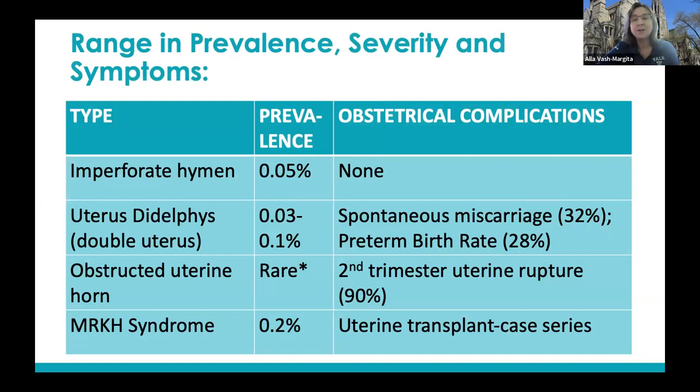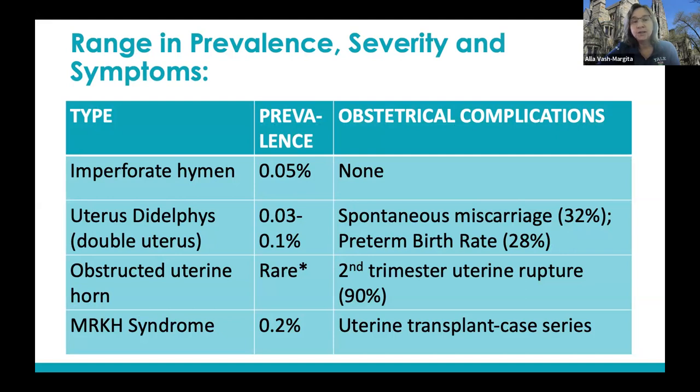So why does it matter and why do we care? And like I said, the phenotype of these anomalies can vary from really not severe, such as arcuate uterus that has no implications in future life and obstetrical history and pregnancies, or imperforate hymen, which has low prevalence, but if it's diagnosed on time and surgically corrected, it really doesn't have any surgical complications.